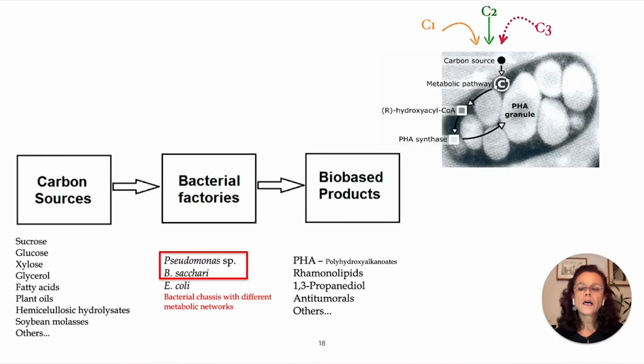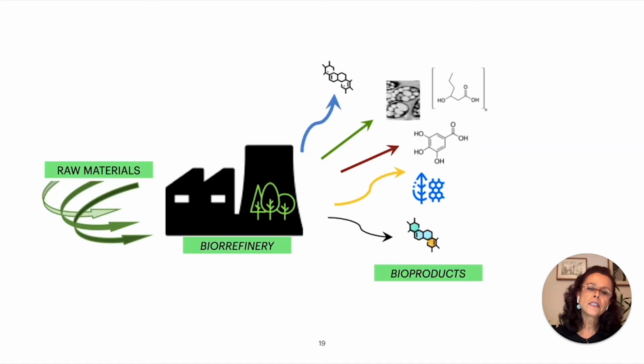And basically, we want to have these bacteria working as bacterial factories, as mini factories, as bacterial chassis, and we can develop a number of other bioproducts. I have just told you about one of many we are developing in our laboratory, and ideally you could easily insert this bioproduction in a biorefinery, such as the biorefinery of a sugarcane and ethanol mill.